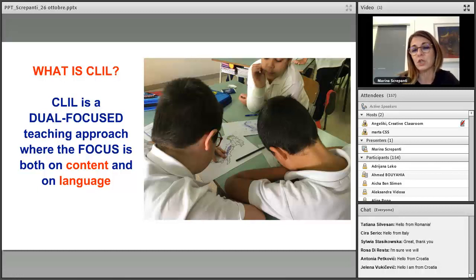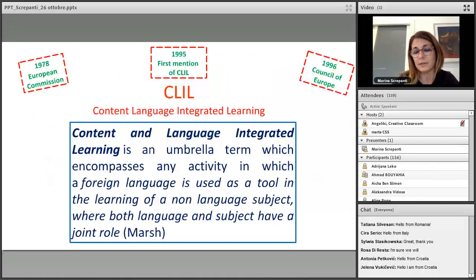So we have to reach content objectives and language objectives at the same time. The first time it was mentioned was in 1978, so very, very in the past, by the European Commission. And then the first mention of CLIL was in 1995, by the Council of Europe, and it was developed and developed and developed.